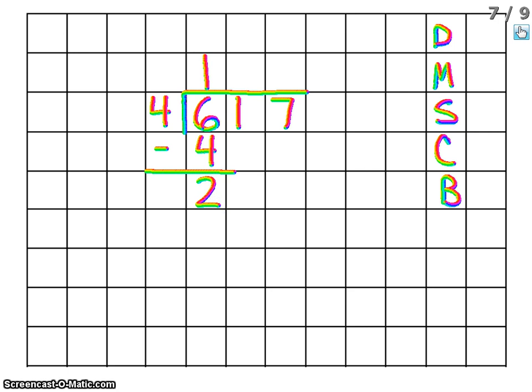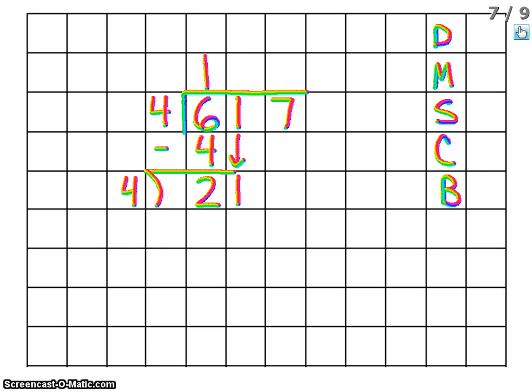Now it's time to check. My answer to my subtraction problem is less than my divisor, and that's what we're checking. So because of that, we bring down the next number in our dividend, which is 1. Now we go through the steps over again. We brought down, now it's time to divide again. So we have 21 divided by 4.